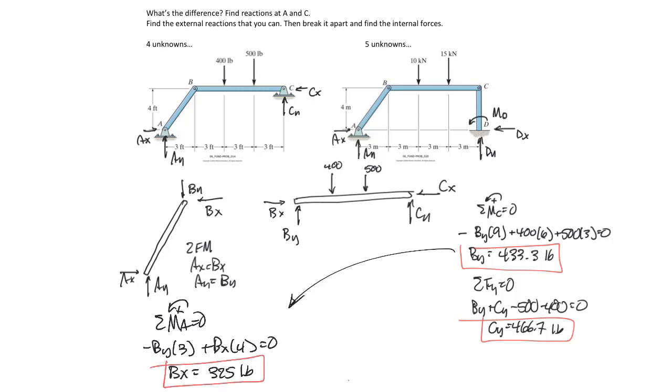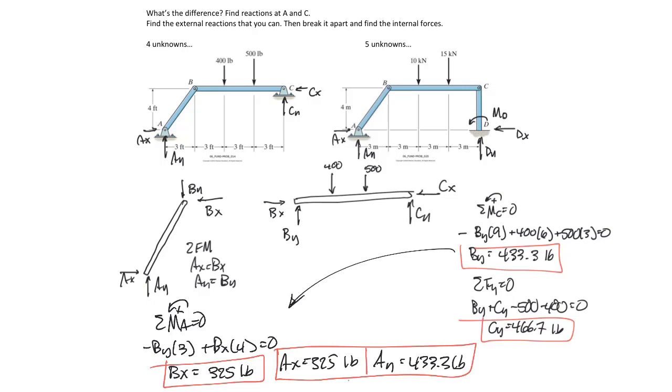Once I have BX, I can find AX and AY. And I've already got BY, so I can just write by observation, AX is equal to 325, and AY is equal to 433.3. So those are two of the pieces of the components I was looking for.